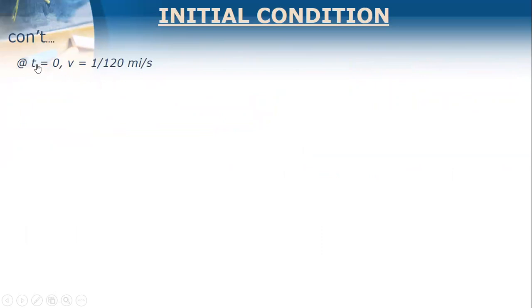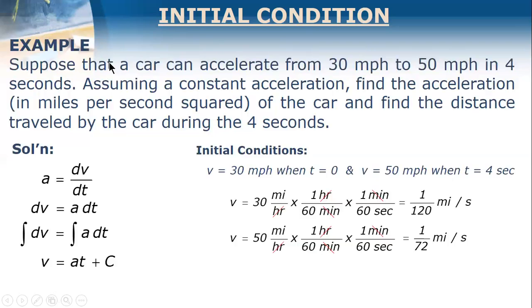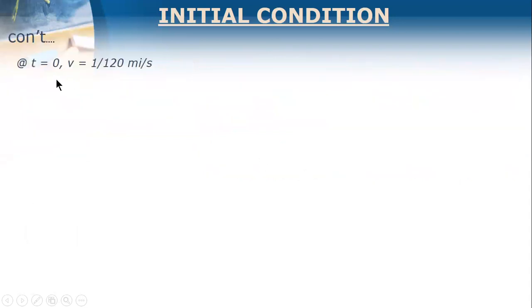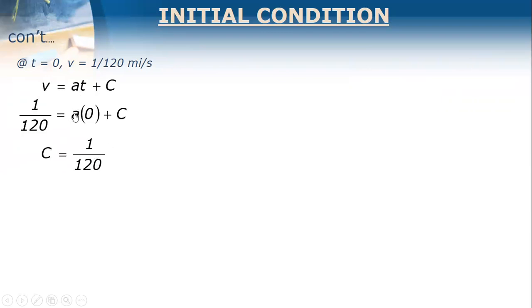At t equal to 0, v is equal to 1 over 120. At t equal to 0, v is 30, or simply 1 over 120. And this is our expression of v. So replace v by 1 over 120 and replace t by 0. And therefore, c is equal to 1 over 120.